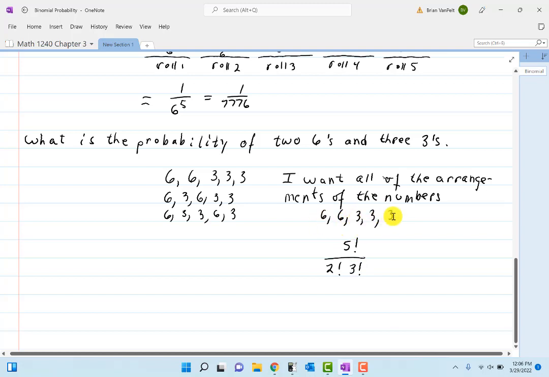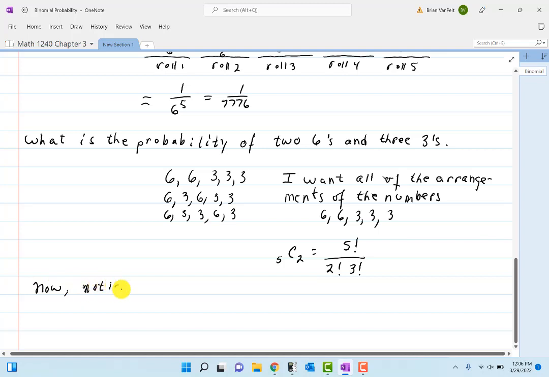We took 5 factorial, the total number of numbers, as the numerator, and then we looked for the repeats. So here 6 is repeated twice, that's why we have a 2 factorial. 3 is repeated 3 times, that's why we have a 3 factorial. And in fact, you know this creature as 5C2.